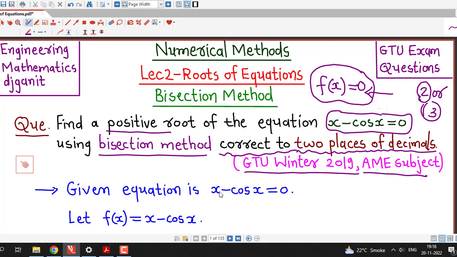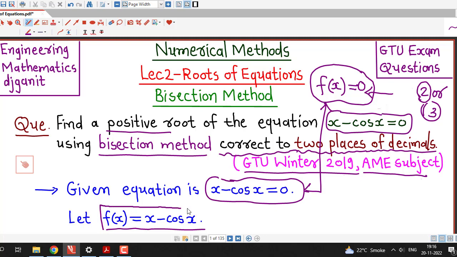First we write the given equation, x minus cos x equal to 0, and comparing with f(x) = 0, we consider the function f(x) as x minus cos x. Now what is the bisection method?